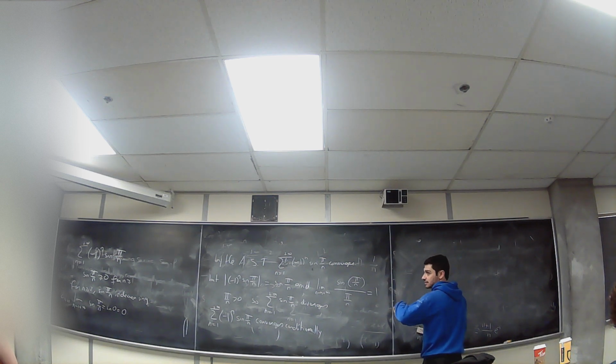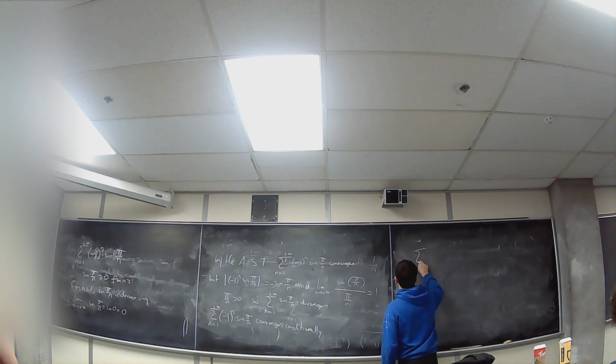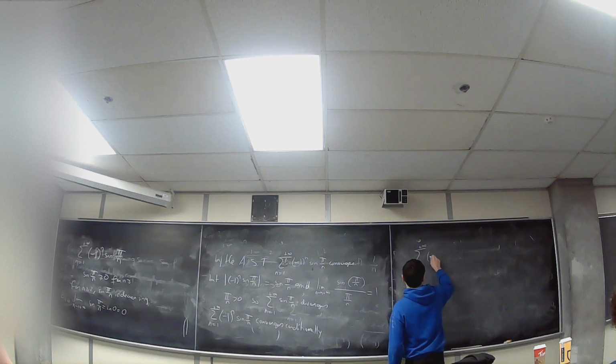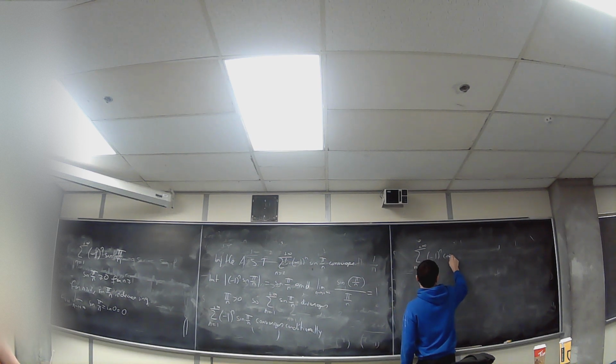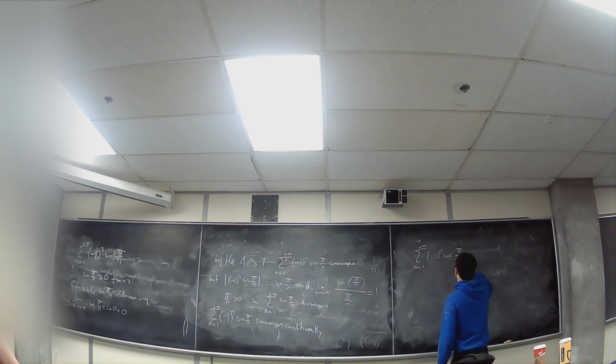The limit of the cosine of the absolute value exists, but the other limit does not. So it diverges.